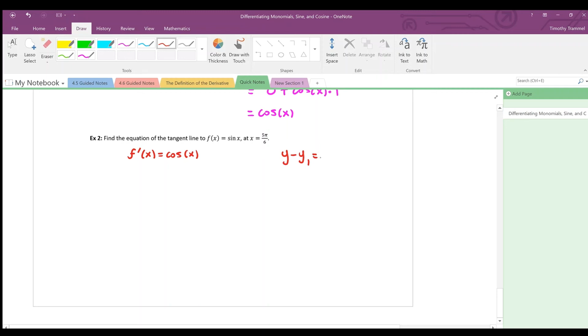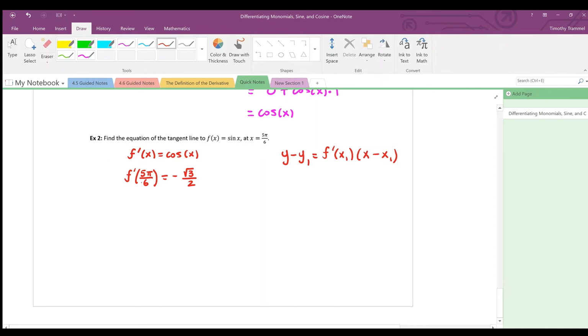And remember, instead of m here in our point slope form, we actually use the derivative, so f prime of x1 times x minus x1. Again, that's just our slope. So if we want to find the slope of that tangent line, we're going to have to plug in 5 pi over 6, which gives minus the square root of 3 over 2.